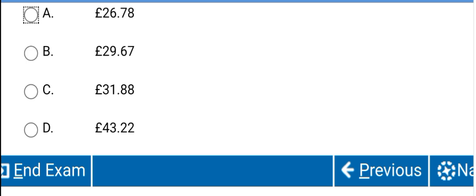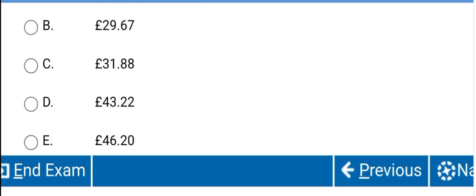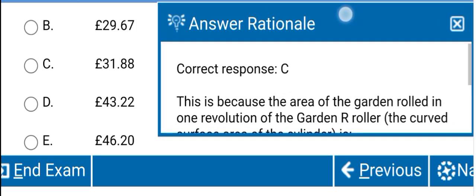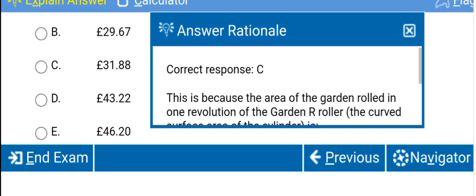Then we have option D, which is 43.22 pounds. Option E is 46.20 pounds. So let's see which one is the correct option. So here we have the correct response is option C.